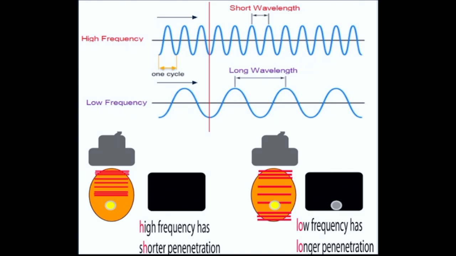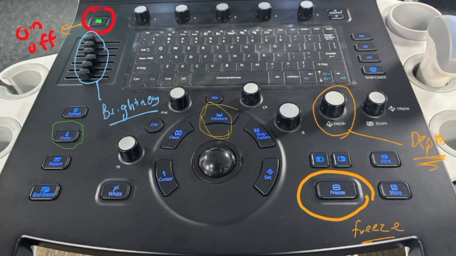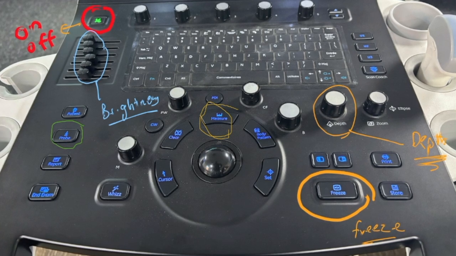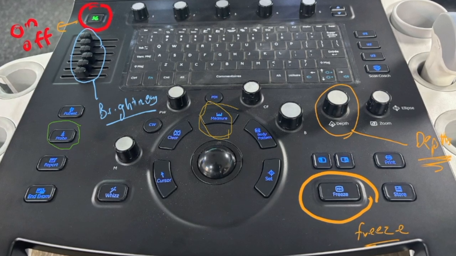Moving to the knobs or the buttons, there are buttons that you need to familiarize yourself with on your own device or machine at your place of work. To start with, the on-off button is obviously the most important one.